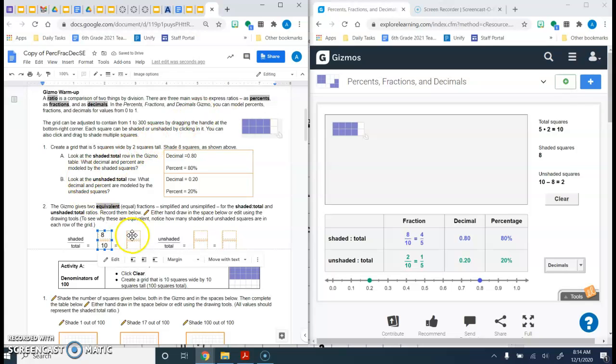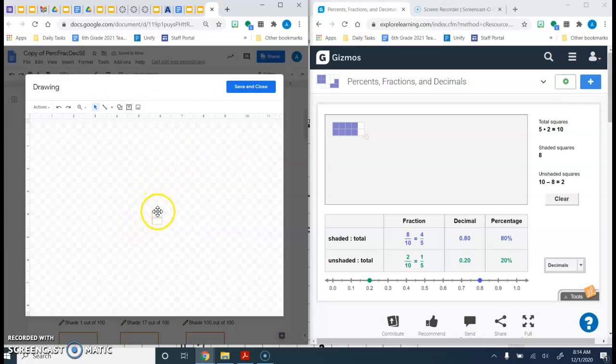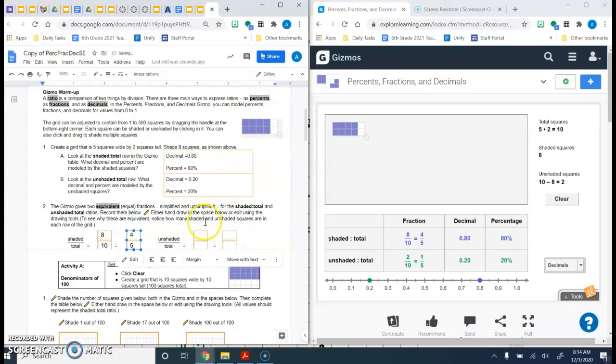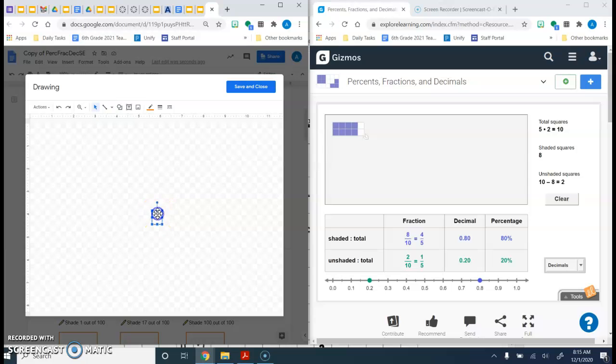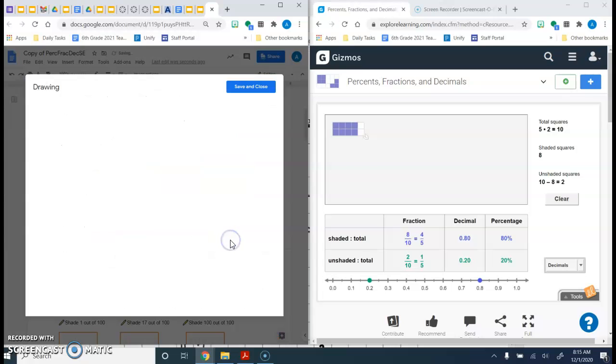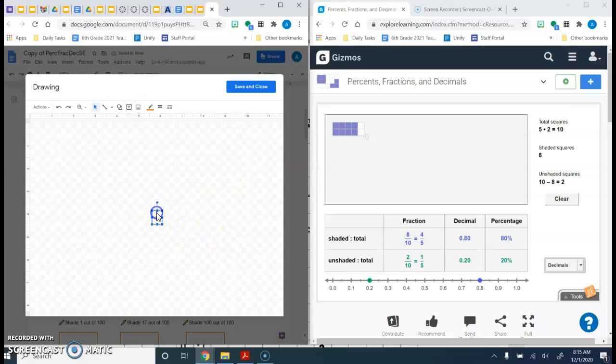And so for the next one, you've got 4/5, okay? And then for the unshaded, we have 2/10, and then 1/5 would go here.